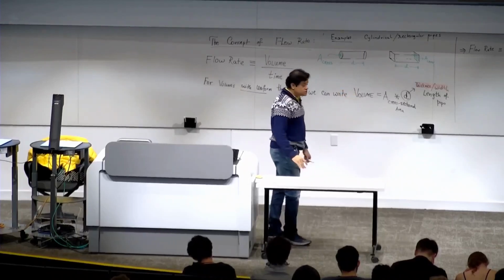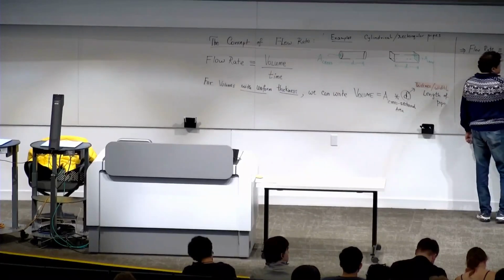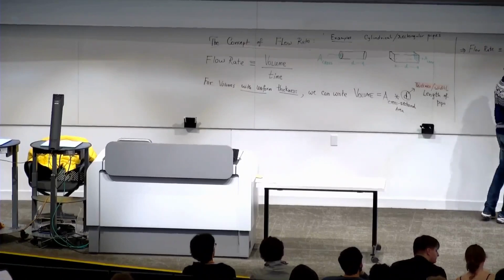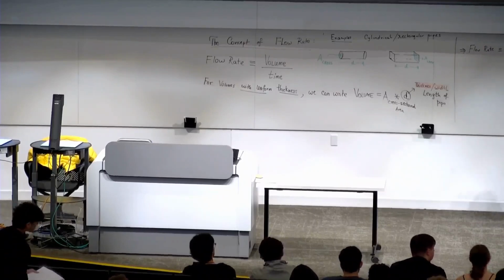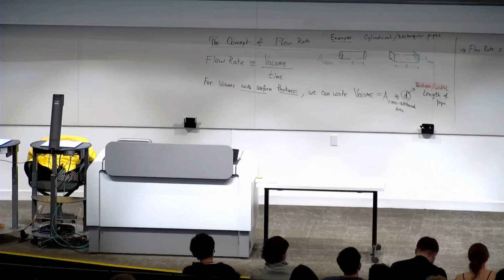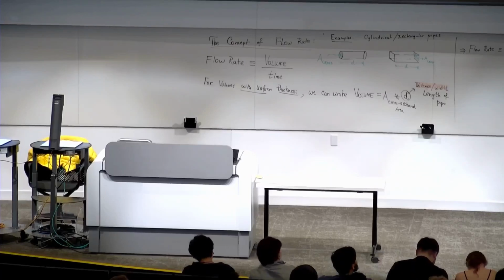Okay. So, you get this point. Flow rate will be cross sectional area times the length divided by the time t. This means flow rate is becoming what? What is that going to be? So, flow rate will become what?